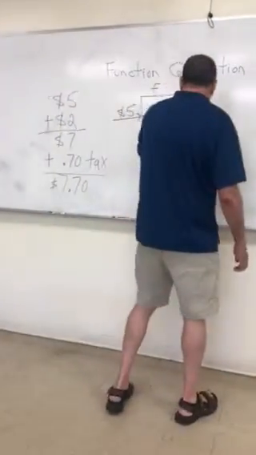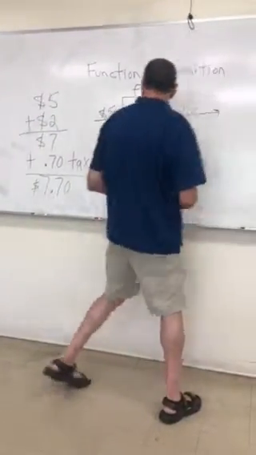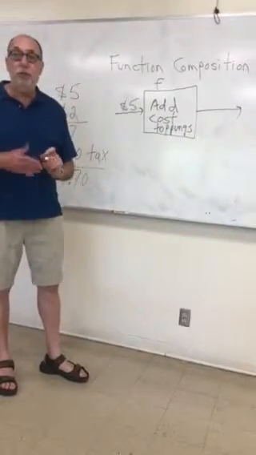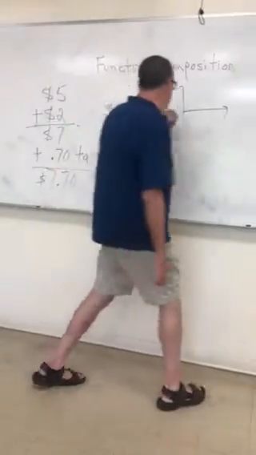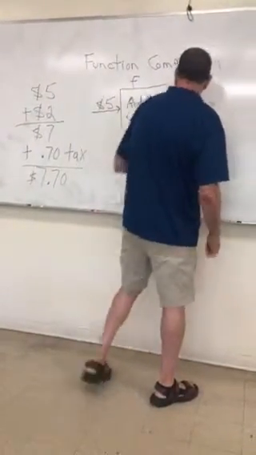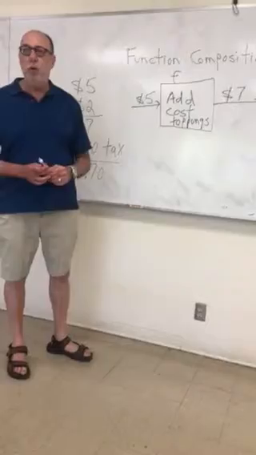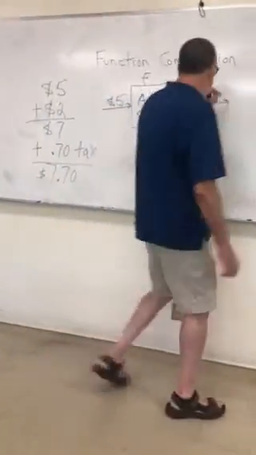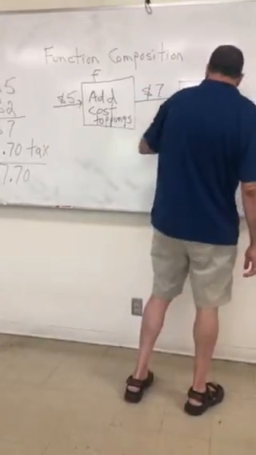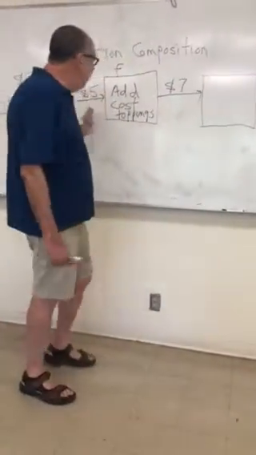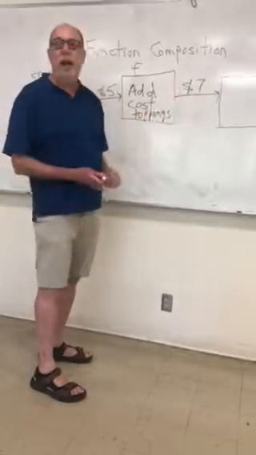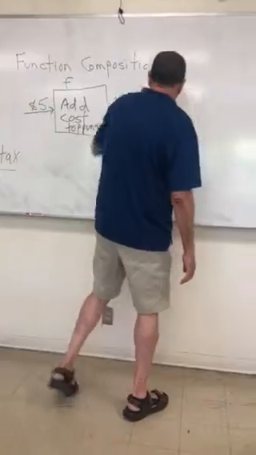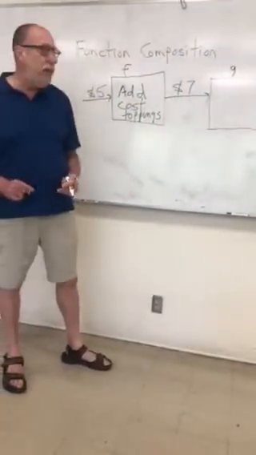Now, what comes out of function f? Well, in this case, $2 was the cost of the additional toppings. So the output of function f is our cost so far, $7. We have to do one more thing. We have to compute tax. So now, the output of f was the $7. But that is now going to be the input into function g.